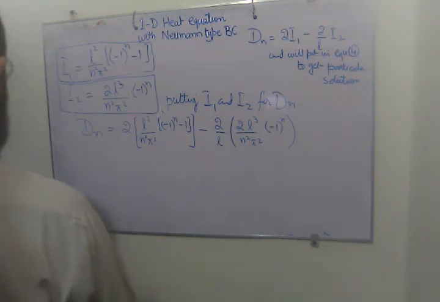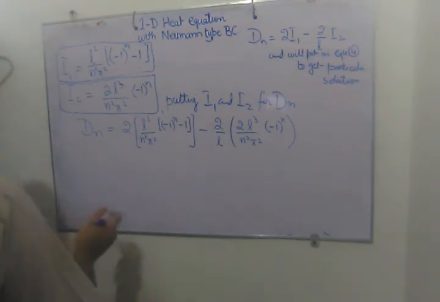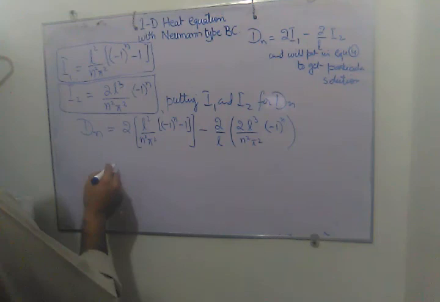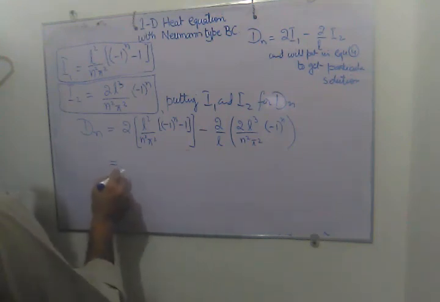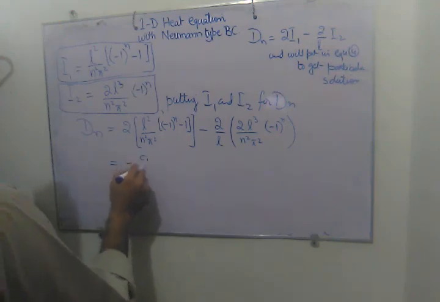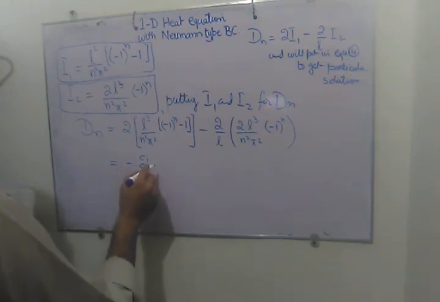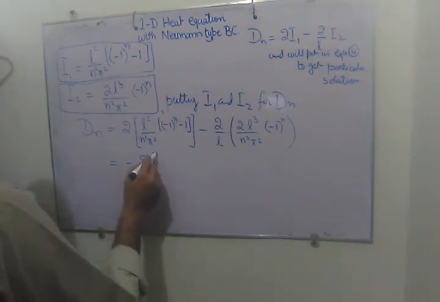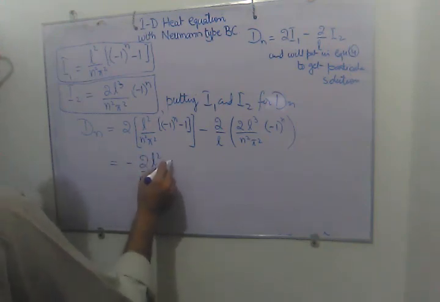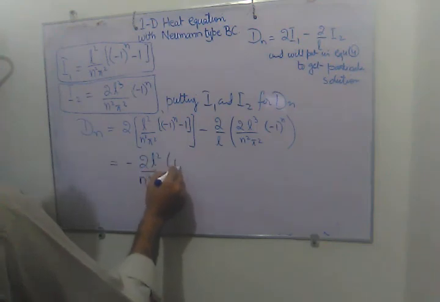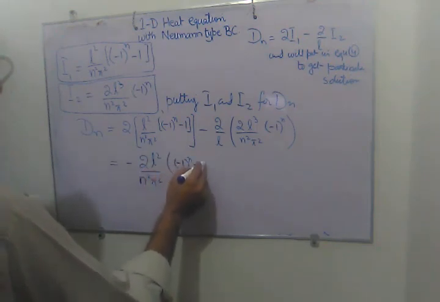So when we further simplify it, then we will get a final expression for minus 2 L square upon n square pi square into minus 1 and minus 1.